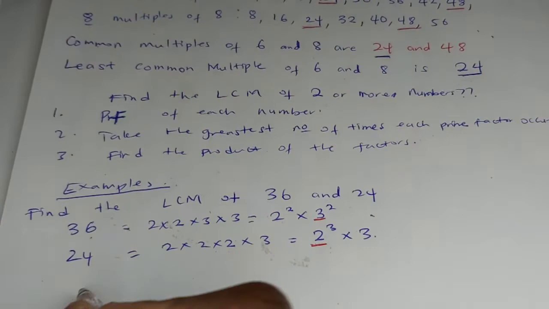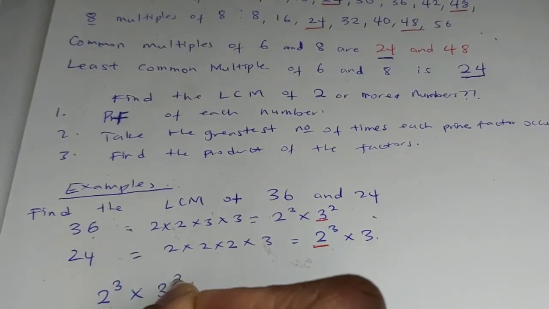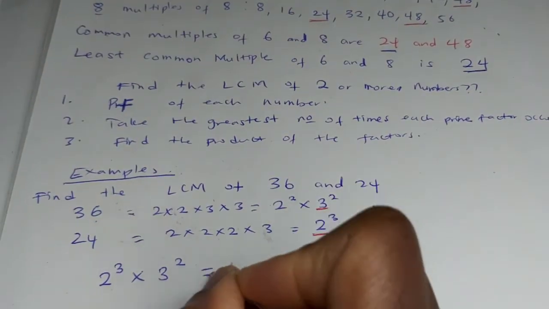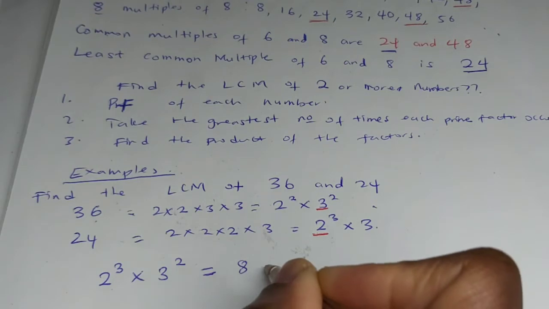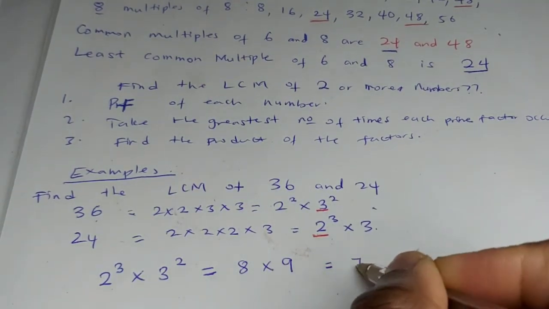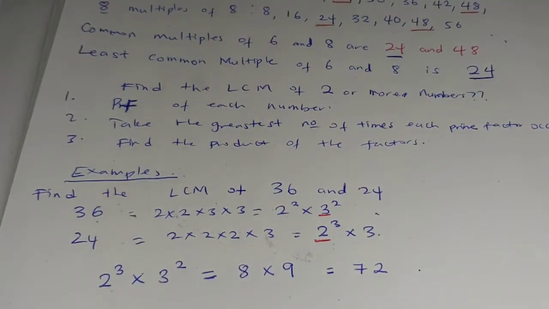So we have 2 cube times 3 square. 2 cube is 8, then 3 square is 9, so this is equal to 72. So the LCM of 36 and 24 is 72.